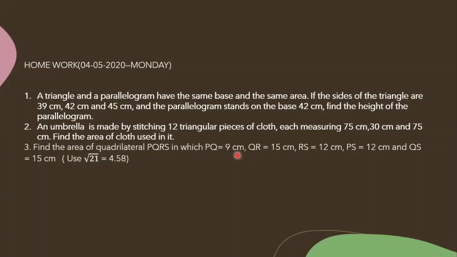You see, PQ, QR, RS and PS are the 4 sides of the quadrilateral, and QS is 15 centimeter, that is the diagonal value. So by using that, you need to divide the quadrilateral into 2 triangles, separately find the area of the 2 triangles and add them. Here, as a hint I am giving, root 21 value is 4.58.